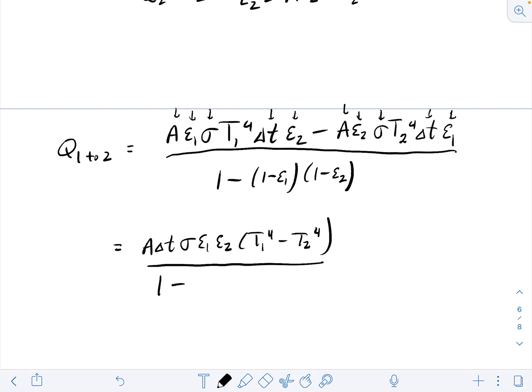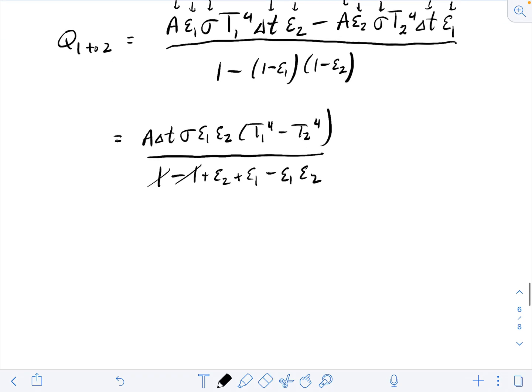And in the denominator, we could multiply some things out. Let's see, we're going to have a 1, and then we'll have a minus 1 times 1 is 1. Minus 1 times epsilon 2 is plus epsilon 2. Minus epsilon 1 times 1 is plus epsilon 1. And then we have minus epsilon 1 times minus epsilon 2 is plus epsilon 1, epsilon 2, but there's a minus sign up front, like so. And so we can cancel the 1 and the minus 1.